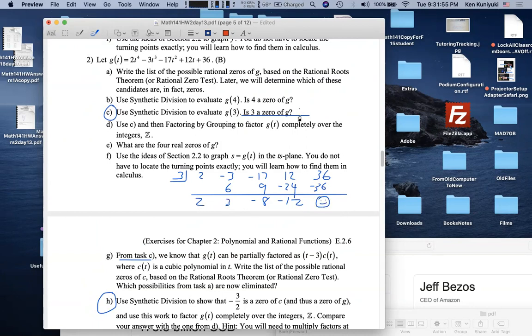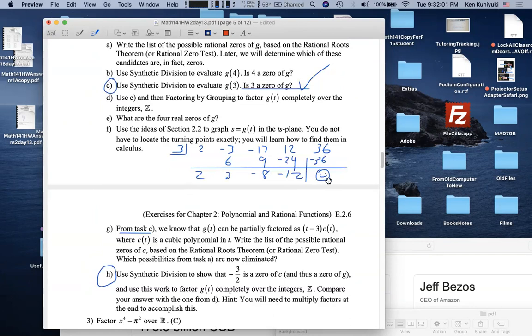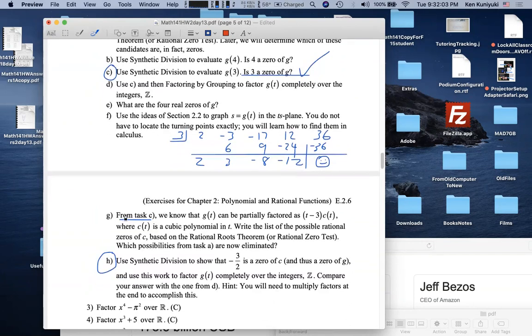Is 3 a 0 of G? Yes, it is, because that's a 0 down there. Remainder theorem: G of 3 is 0. So these will help us construct the other factor. From task G, we know that we have T minus 3. And what's C of T? What's the other factor? The coefficients are given by this. It's going to be 2T to the what?